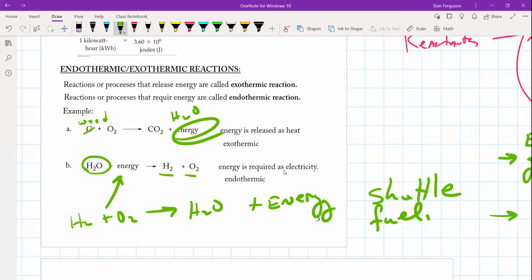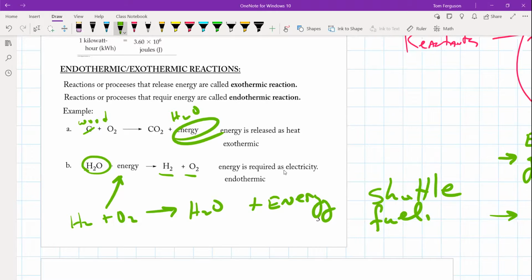that's what fueled the shuttle. We took liquid hydrogen, liquid oxygen, put them together, formed water with lots of energy. And by the way, the temperature did go up. But the bottom line is the water is real stable compared to the individual hydrogen gas and oxygen gas.